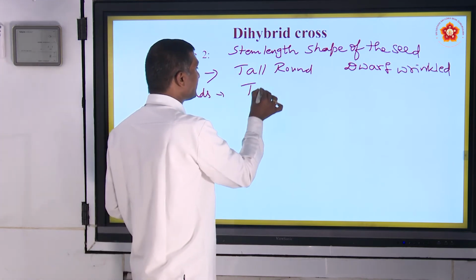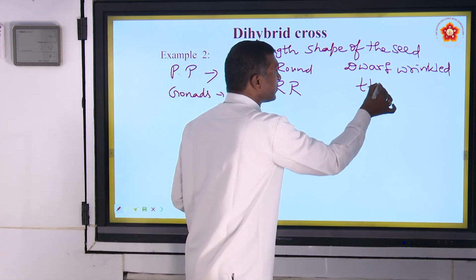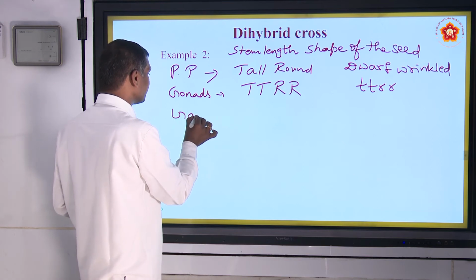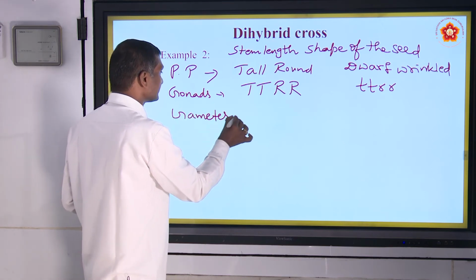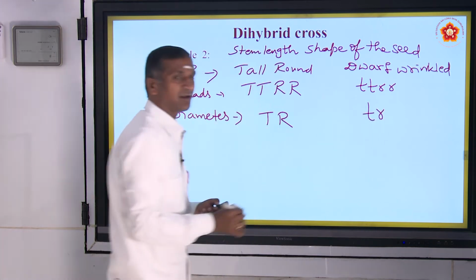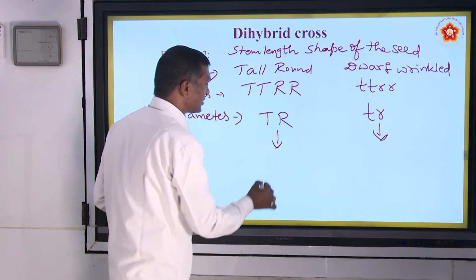So gonads, capital T, capital T, capital R, capital R. Small t, small t, small r, small r. Gametes, capital T, capital R, small t, small r are the gametes, and they undergo cross pollination.